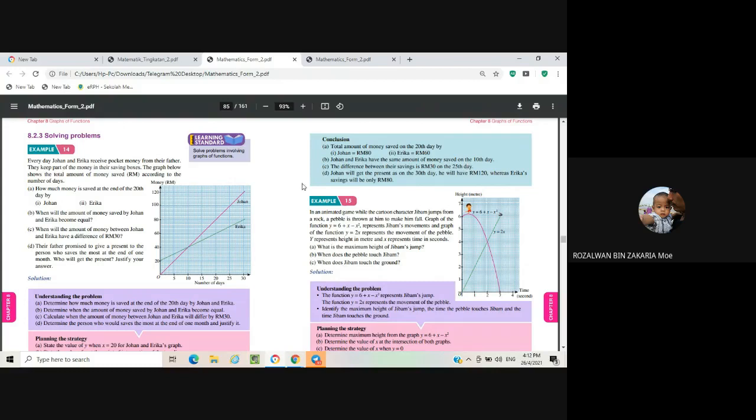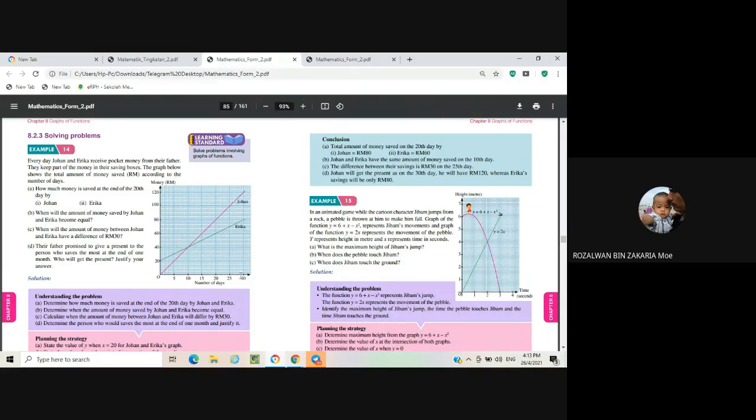Okay, then for D, their father promised to give a present to the person who saved the most at the end of one month. Who will get the present? Justify your answer. Just look at the highest point on the graph, Johan and Erica. The one who keeps the highest money is Johan.